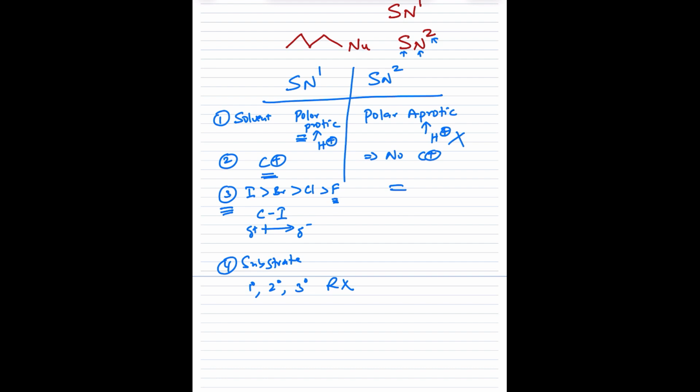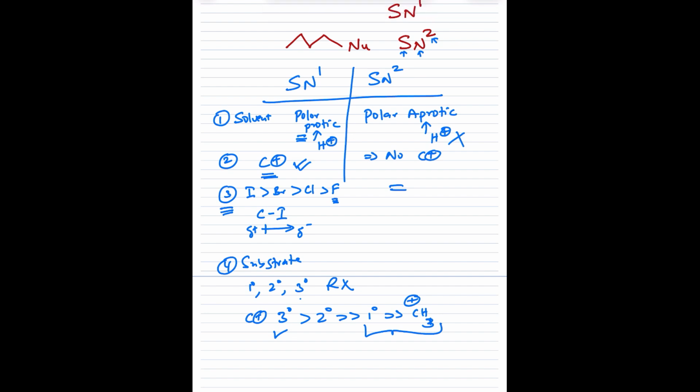For carbocation formation, remember SN1 goes through carbocation. Tertiary carbocation is the most stable, followed by secondary, which is much more stable than primary, which is more stable than the methyl carbocation. So basically you never form primary or methyl carbocations, and that means that SN1 reaction will prefer tertiary alkyl halide.